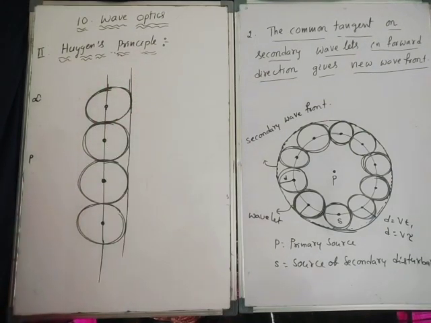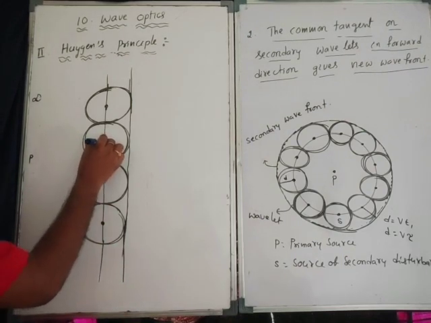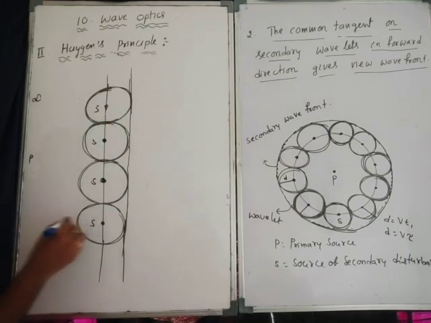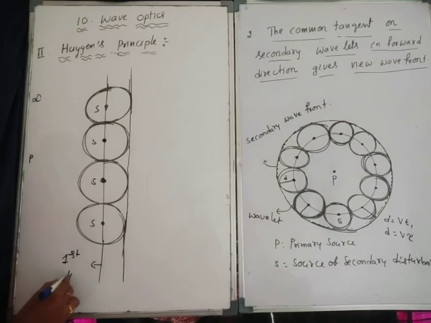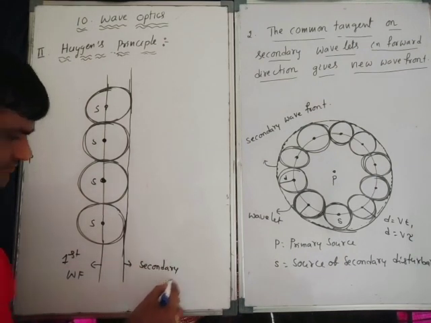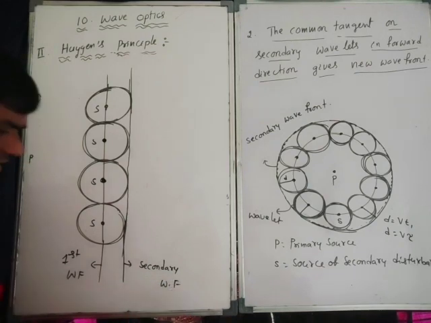This is our Huygens principle. Huygens principle says each point is a source of secondary disturbance. This is the first wavefront, the plane wavefront. Remember. So this is the secondary wavefront.